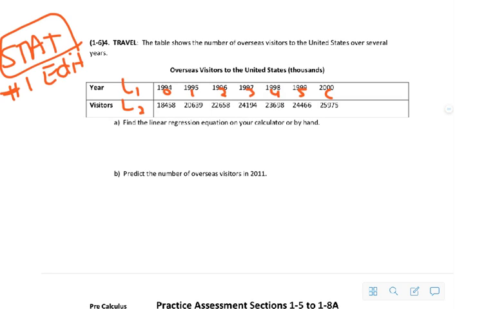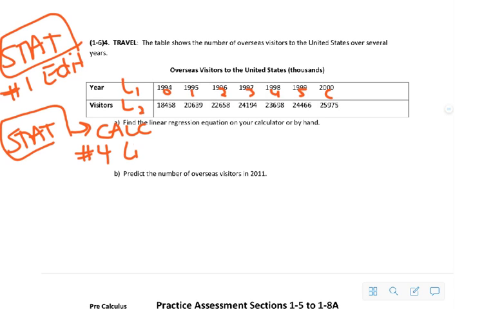So once you put this data in, if all we care about is the equation and not the graph, then you go back to Stat, and then arrow one to the right to Calc, and you go down to number 4, which is LinReg(ax+b).